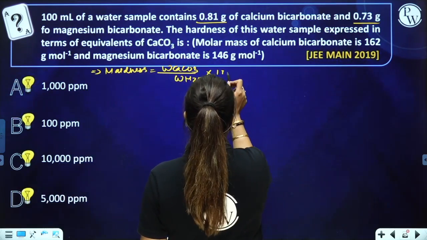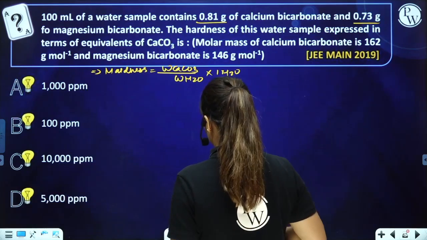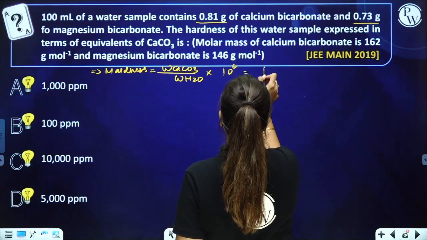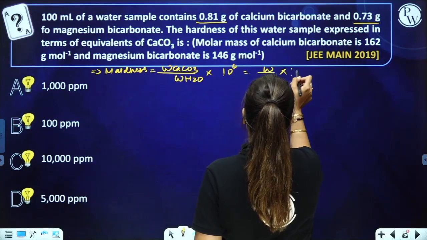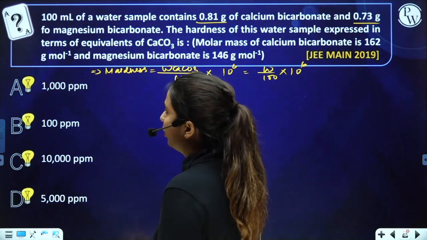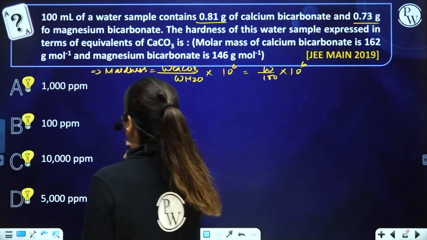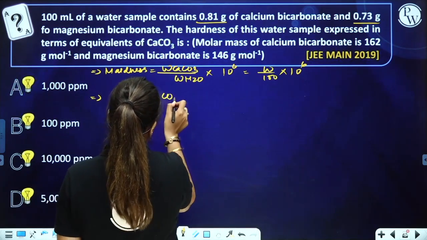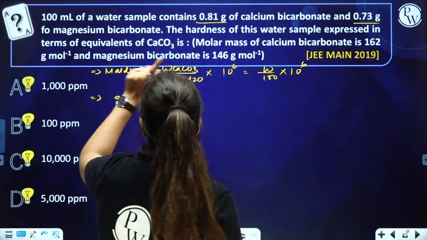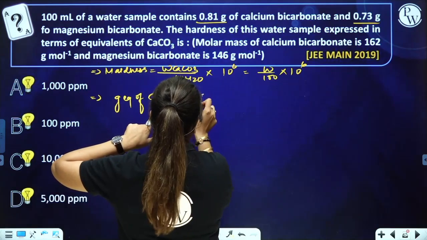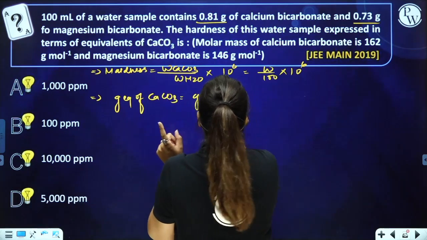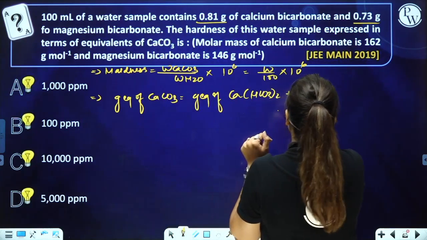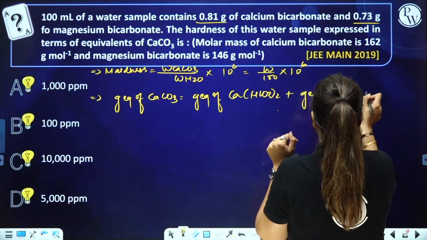Now, the weight of the calcium carbonate you will calculate, and here you will have 10 to the power 6. 100 ml of water means 100 gram of water. Now, the gram equivalence of calcium carbonate will be equal to the gram equivalence of calcium bicarbonate plus the gram equivalence of magnesium bicarbonate.